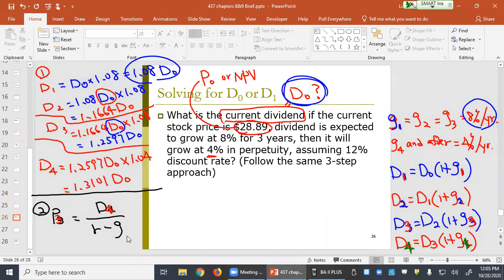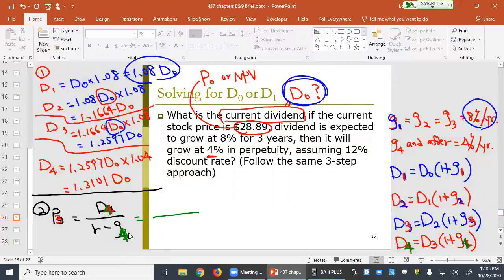Given D4 in the numerator, you need to plug in G4 in the denominator. So make sure to match the measurement in the numerator with the measurement in the denominator. This should be G4.